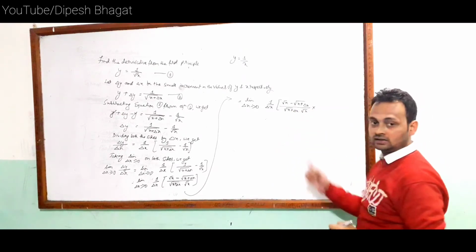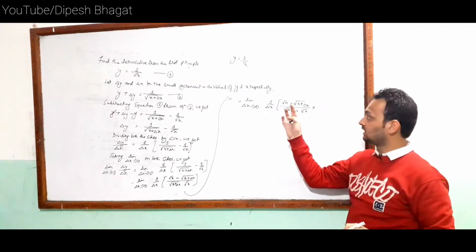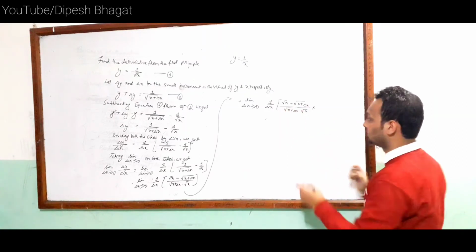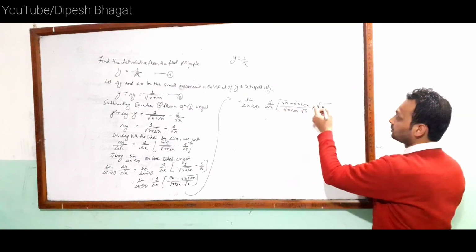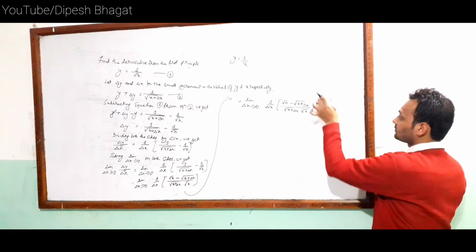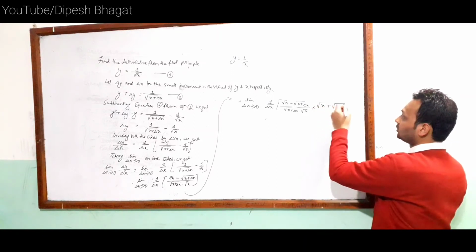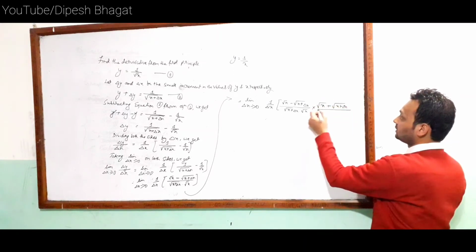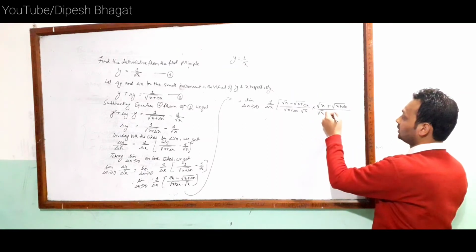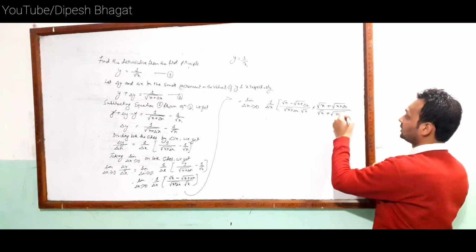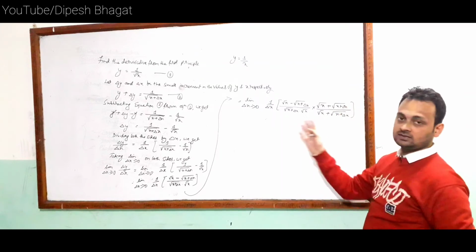Now see here, while rationalizing, the negative sign changes into a positive sign, and then we need to multiply in both numerator and denominator. So root x plus delta x by root x plus delta x.